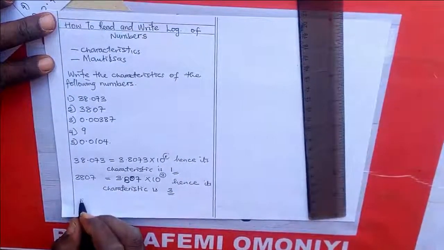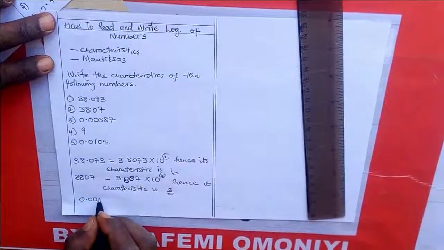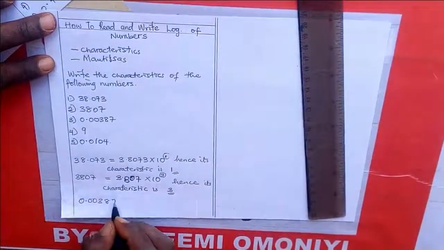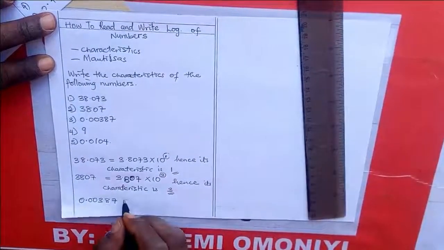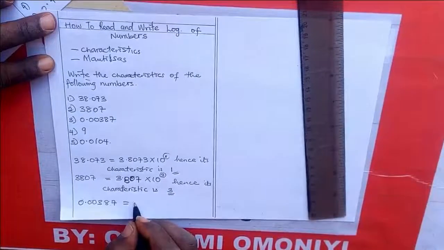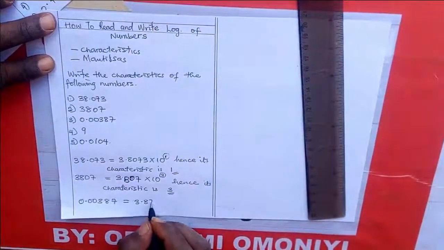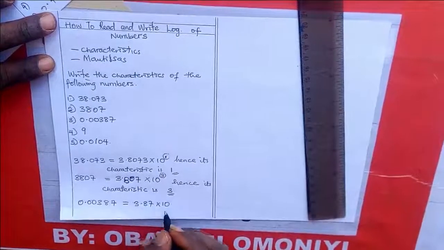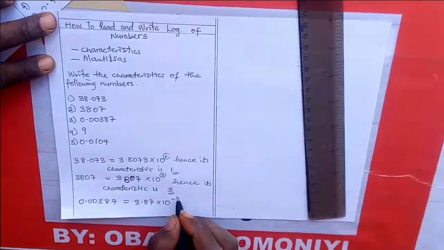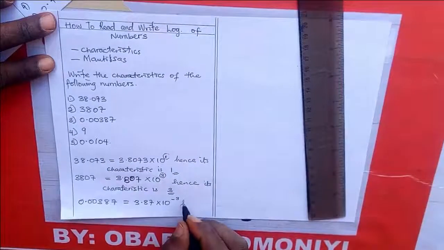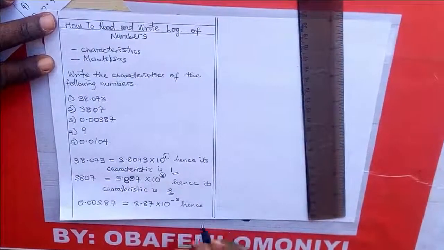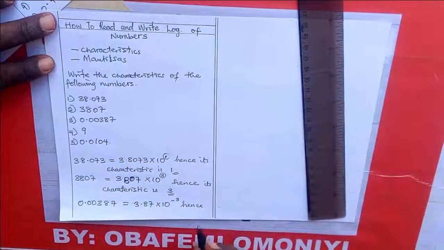Next one, we have 0.00387. When we write it in standard form, it becomes 3.87 times 10 raised to the power of -3. Hence, its characteristic is -3, but you are not supposed to write -3.